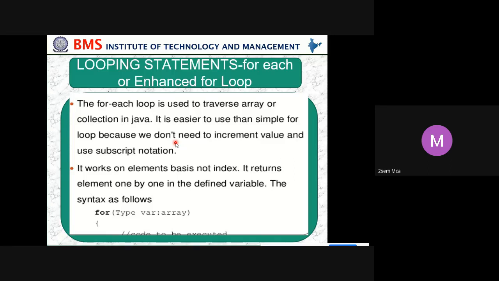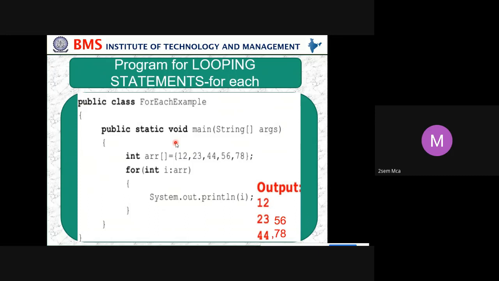So you can see here, the type of variable and the array: int and the array 12, 23, 44, 56, and 78. It keeps printing the numbers in the array, and automatically this will be incremented. First 12 will be printed, then 23, then 44, 56, 78.